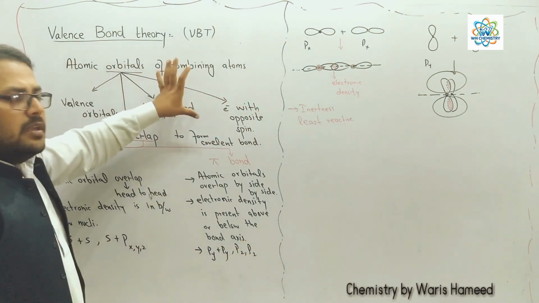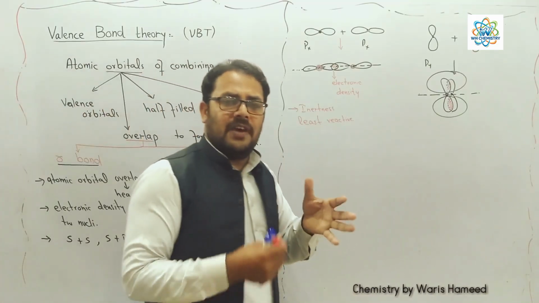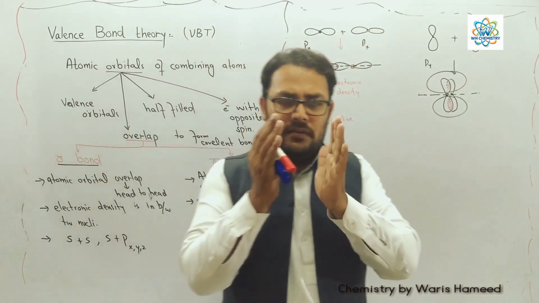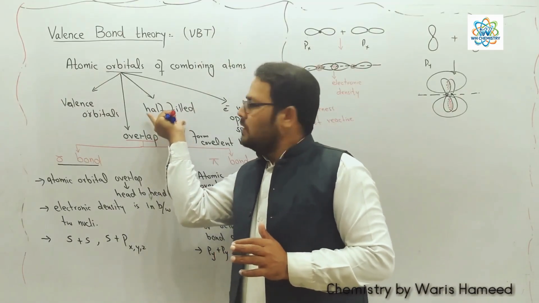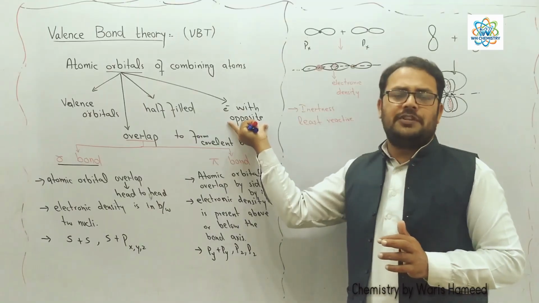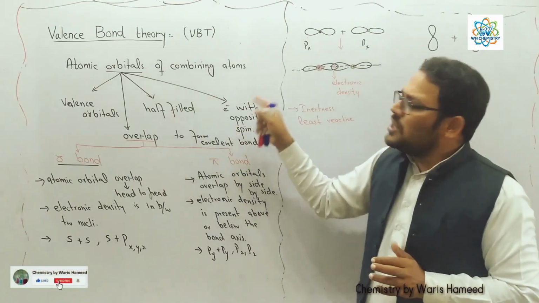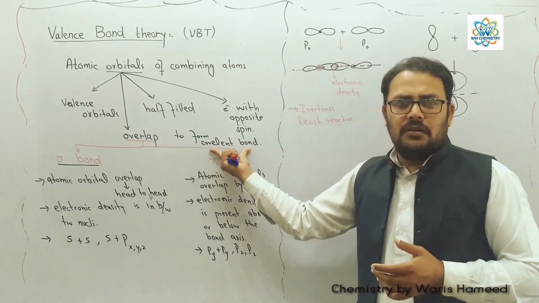According to VBT, the combining atoms should have valence orbitals having half-filled electrons, and these electrons should have opposite spin. And such orbitals will overlap to form a covalent bond.